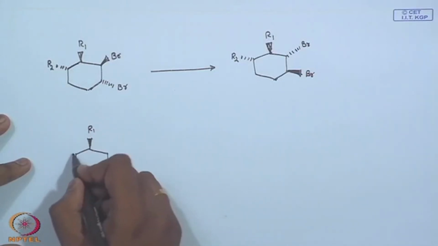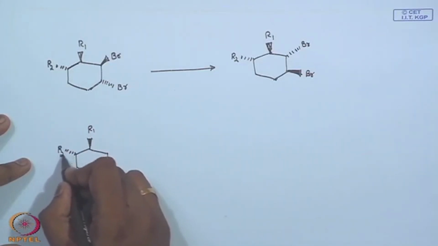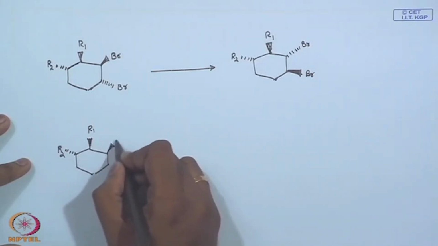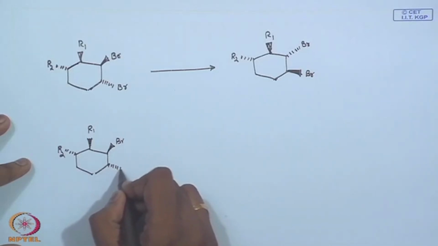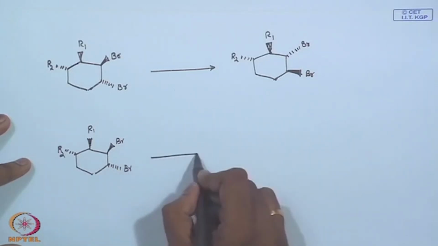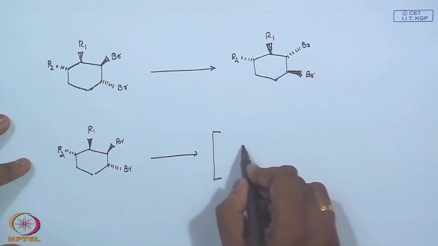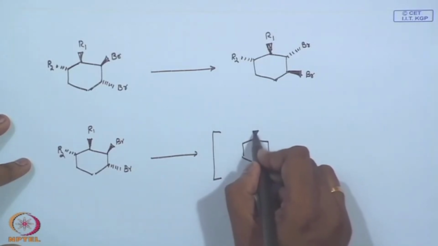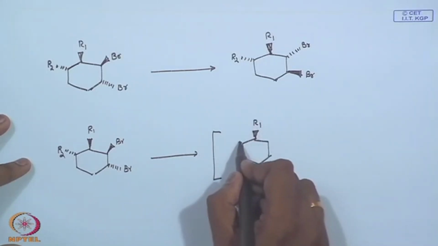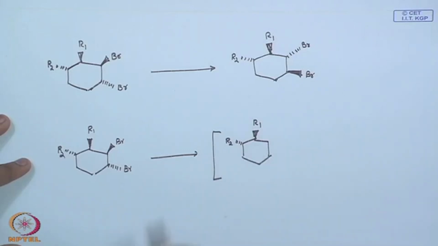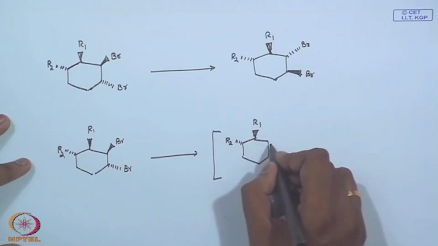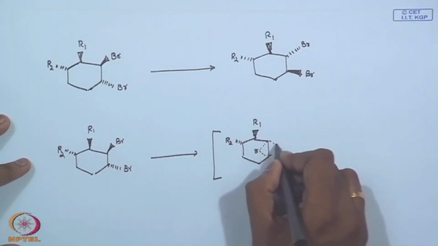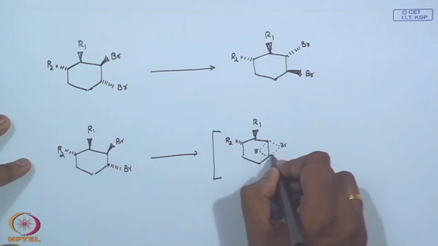In the same way as we wrote before, R1 here, R2, then bromine here. You get a type of transition state which I can write like this, with Br and Br.